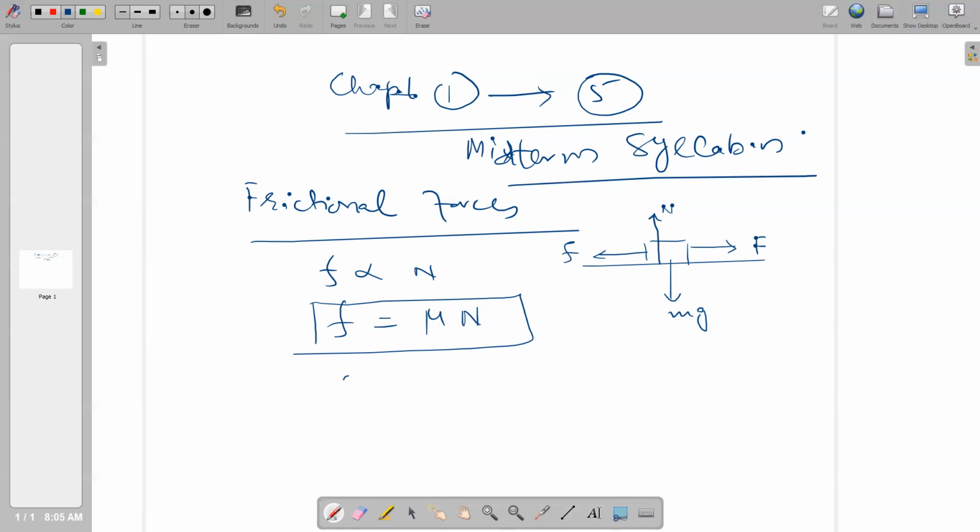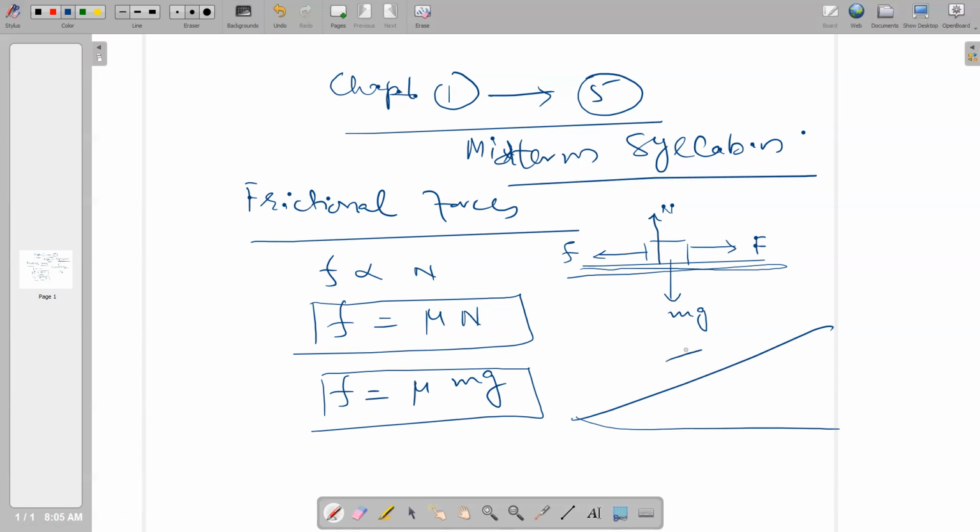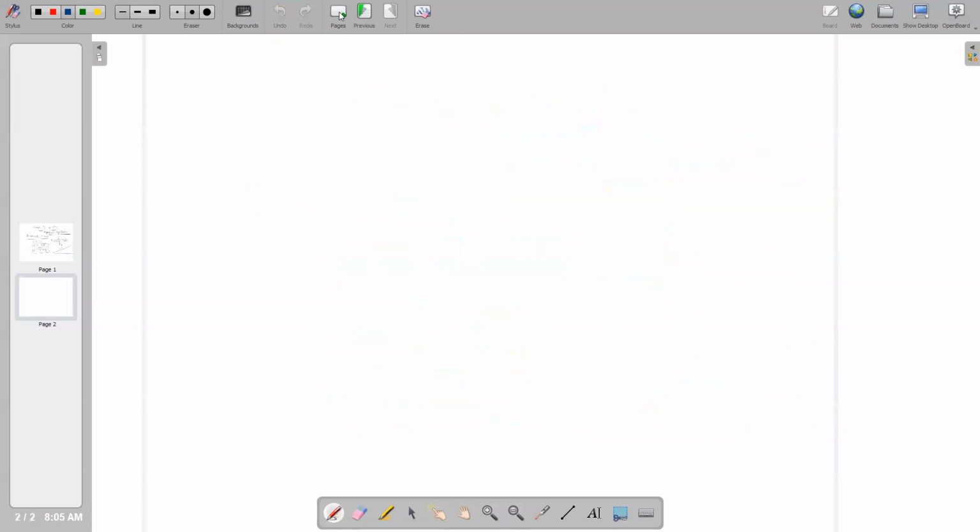In this formula, mu and N is balanced by mg. But this is the case when the body is on a horizontal surface. If the body is on an inclined plane, then N is not equal to mg. So let's see the other things of this one.